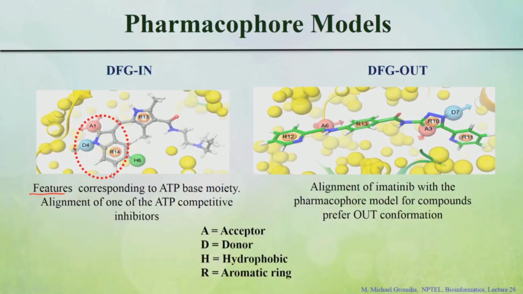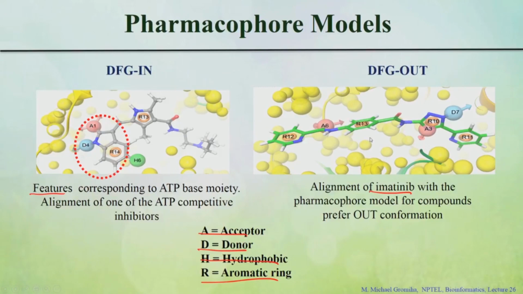In this case, if you see, what are the possibilities of different types of compounds? For example, here A is the acceptor, D is the donor, H is the hydrophobic and R is the aromatic ring. This is another example for the DFG out, the alignment of imatinib, and you can see the pharmacophore model for the compounds which prefer the out conformation.